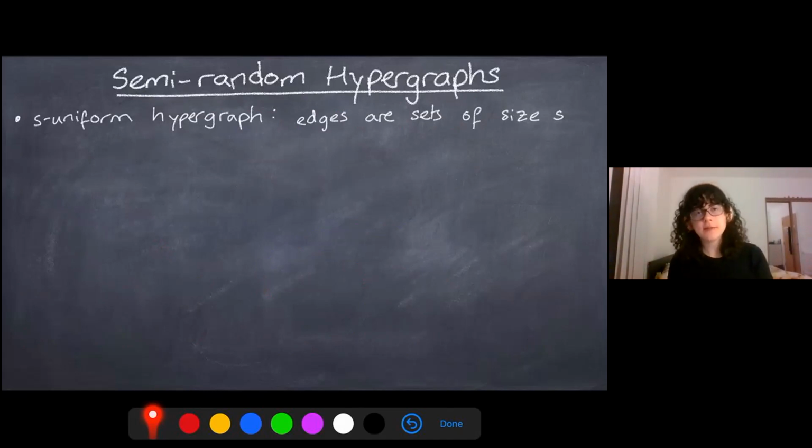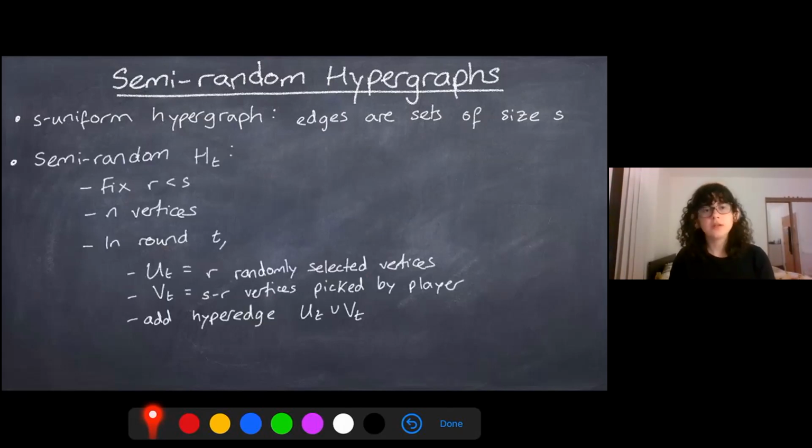And we can define the semi-random process really similarly. So in general, to define a semi-random hypergraph, we're going to fix some r less than s, which is going to be the number of randomly chosen vertices each time step.